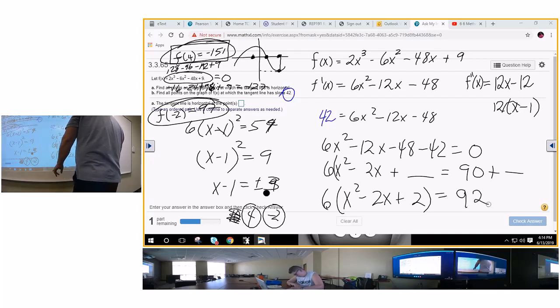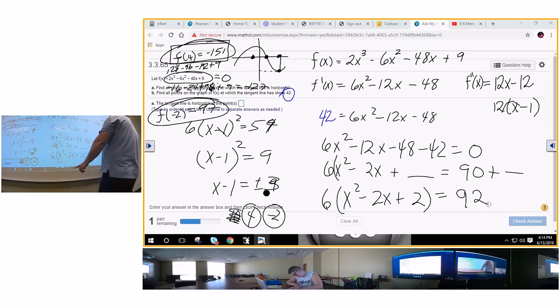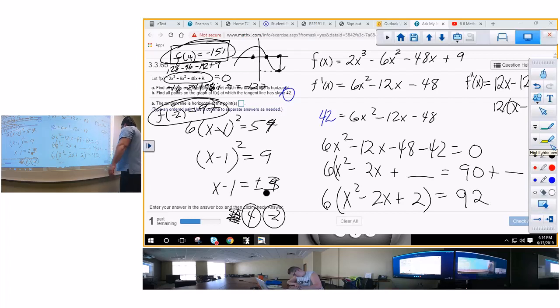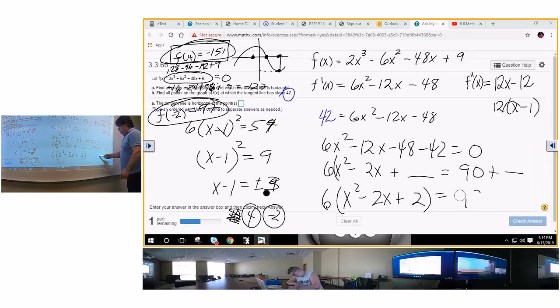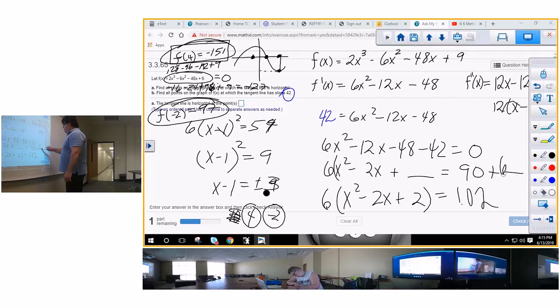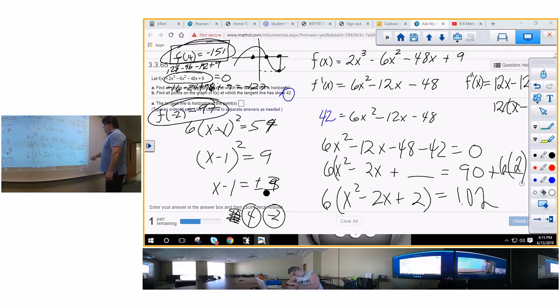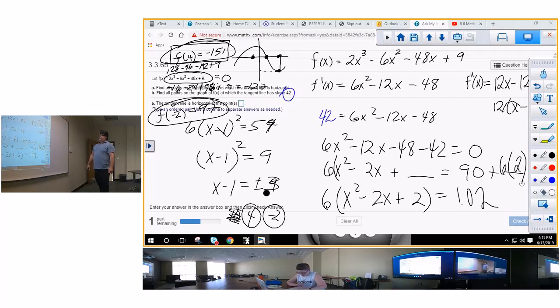No, that's not right. That's going to be 6. I'm skipping 2 or 3 steps, so just hold on. 6 times 17, that should be 102. What's 90 plus 12? 102?